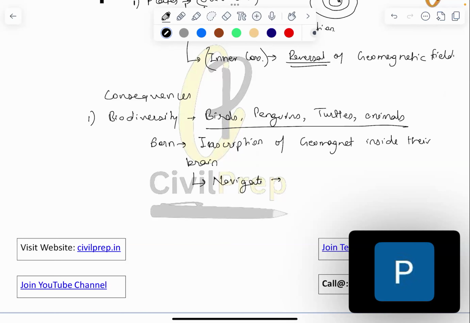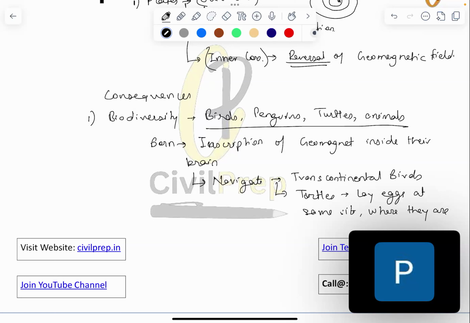For example, transcontinental birds, then turtles, which lay eggs at the same site where they were born. Okay, so this is one important part with respect to biodiversity.